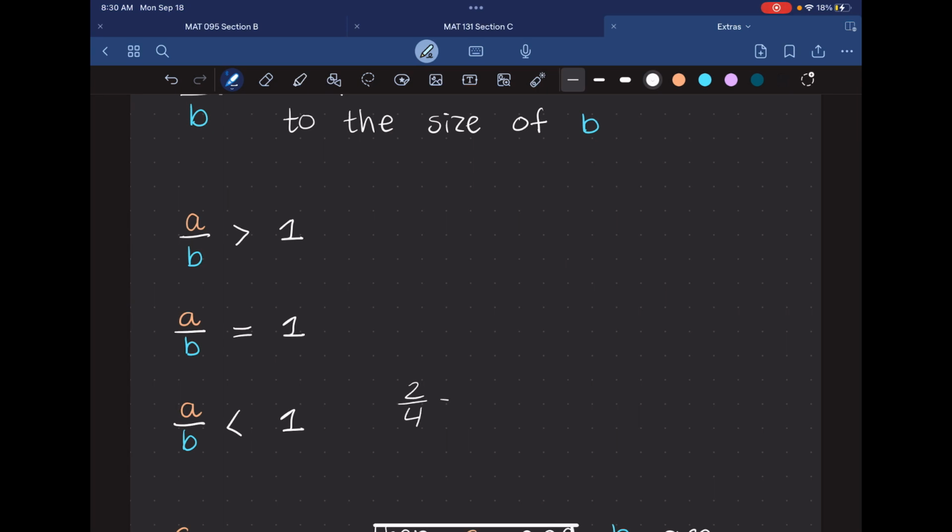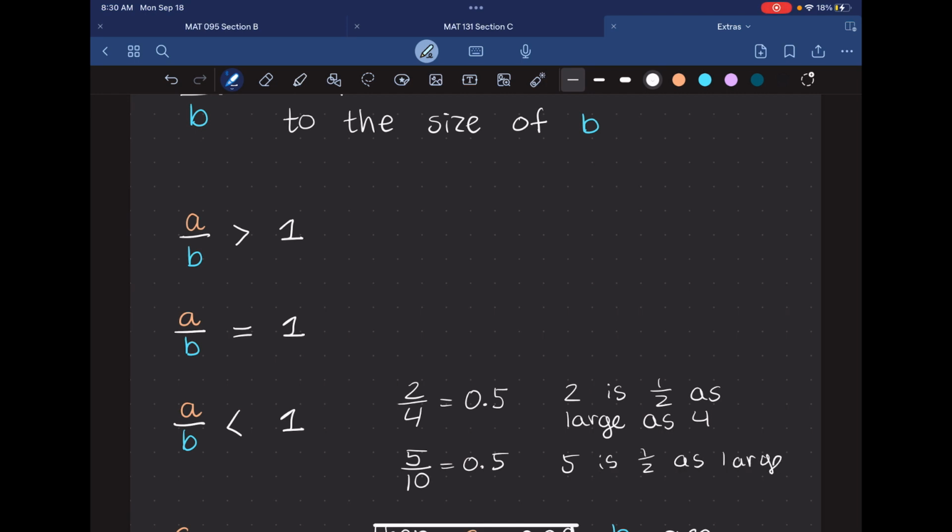Well, this is equal to 0.5, or 1/2, and that's because 2 is 1/2 as large as 4, right? 2 is 1/2 of 4. I could take 5 over 10, and comparing 5 to 10, that's again equal to 0.5, and that's because 5 is half as large as 10.